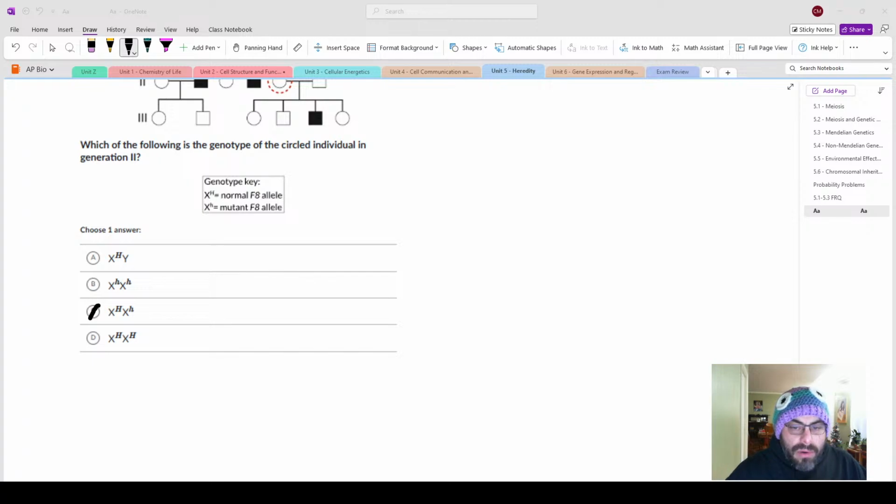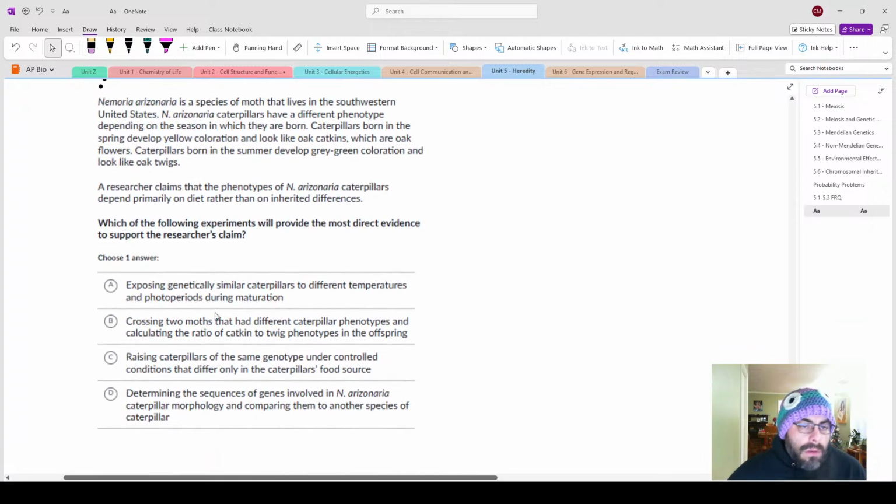Ooh, this one's a lot of words. I like the ones with words. Nemoria arizonaria, a species of moth, lives in the southwestern United States.